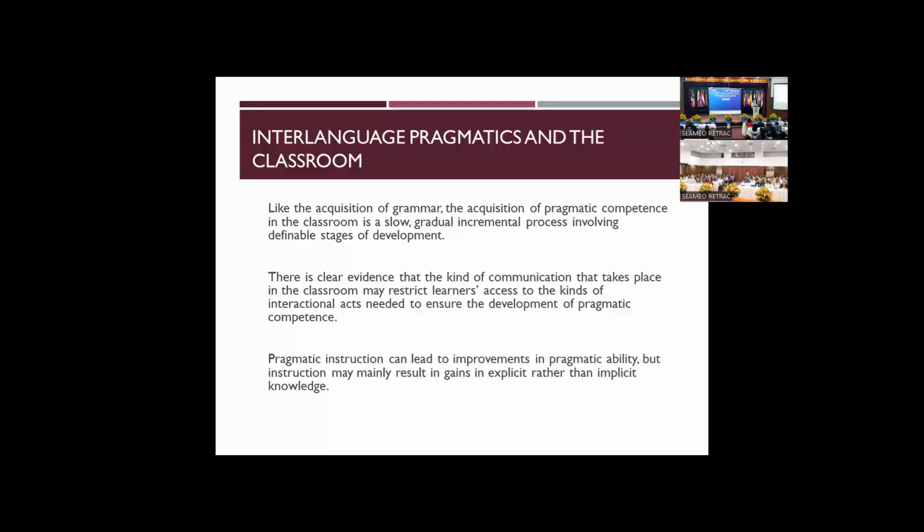So you need pragmatic instruction. You need some explicit pragmatic instruction. And my study shows that this does help the development, certainly of explicit processing abilities, and maybe also, to a more limited extent, implicit processing abilities.